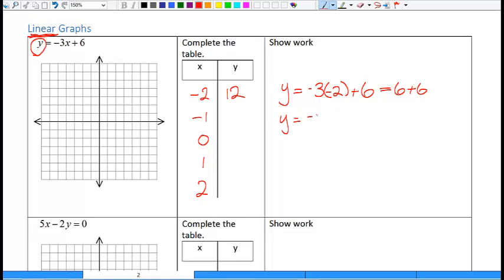Then I'm going to go ahead and plug in the next one. Every time I see an x, I'm going to plug in the value that's located in the table. Keep going down. Y is equal to -3 times x, but in this case my x is 0.